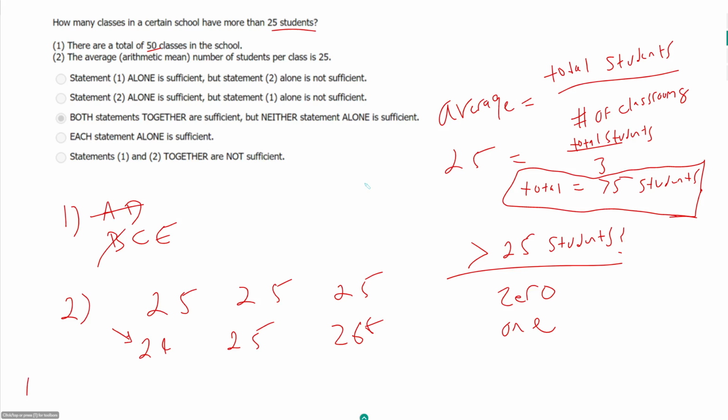So now we can't use these examples where we had 3 classrooms. We have to use our 50 classroom example. And so if we have 50 classrooms, we still have an average of 25 students.